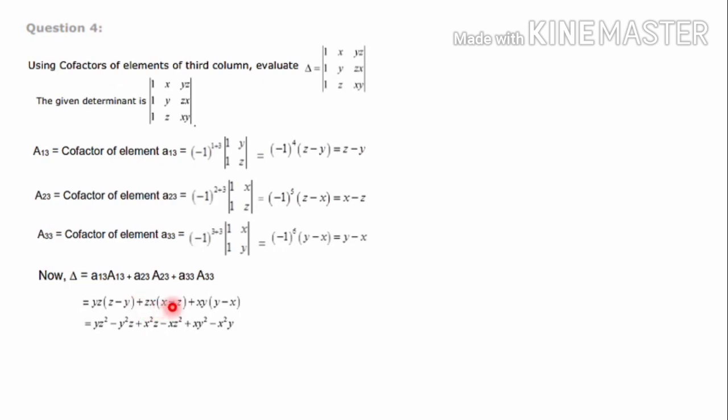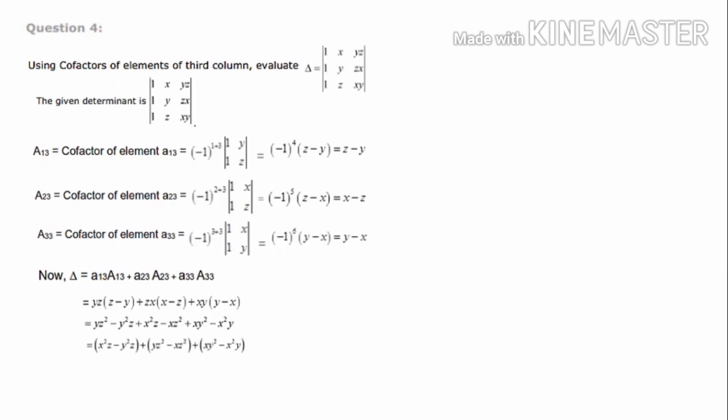Then plus into minus, that is minus zx into z, that is z square x or xz square, plus xy into y, that is xy square, plus into minus, that is minus x into x, x square into y, that is x square y. Next we shall regroup it and take some common factors.